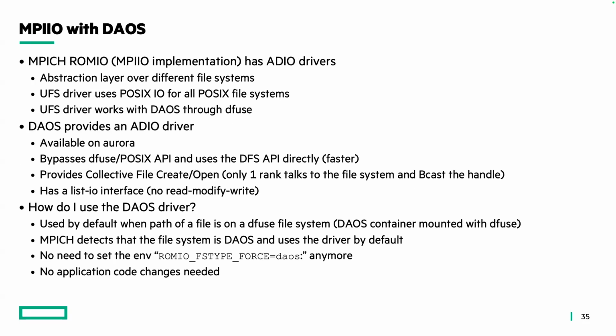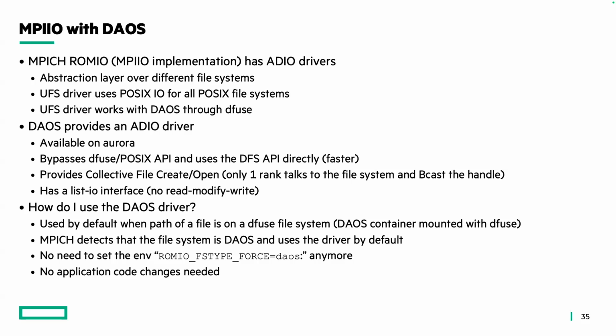So how does DAOS support MPI-IO? If you use the MPICH that's installed on Aurora, there are many MPICH versions installed, and all of them have the DAOS ADIO driver. The MPICH implementation for MPI-IO, called ROMIO, has lower-level drivers for different file systems.